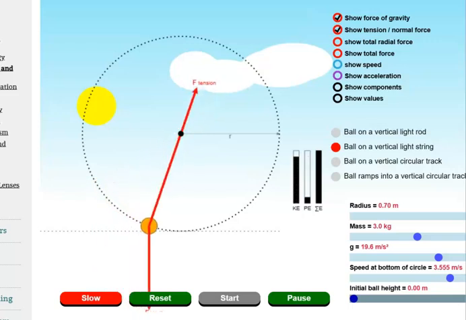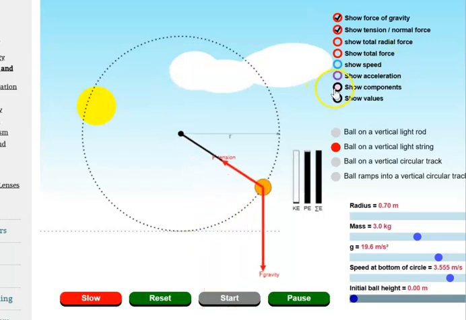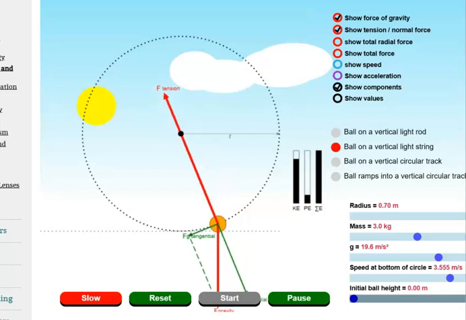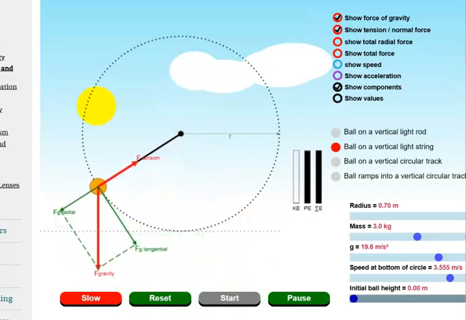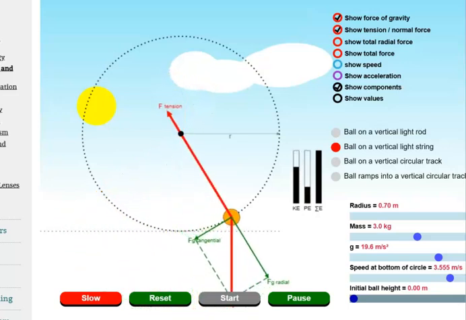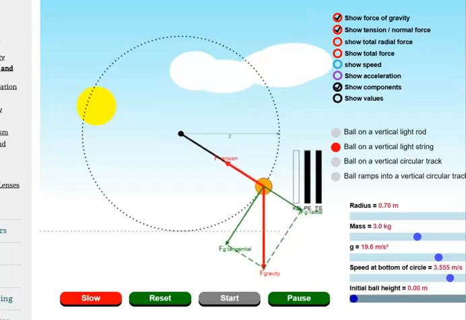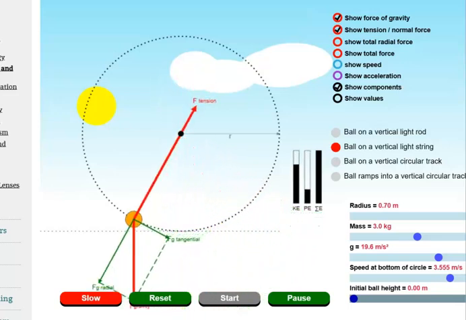And then if we appreciate that gravity has several components, we can look at the gravity in terms of the tangential force, and also the radial force, in the direction of the radius or the center.